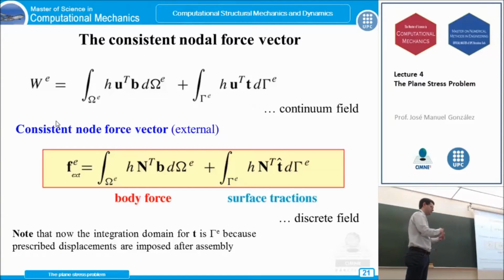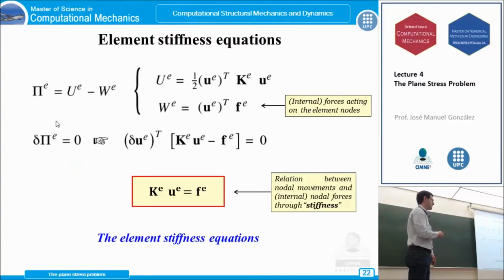Then in the assembly step, these surface tractions will vanish if we are talking about the elements inside the domain, and the prescribed displacement will be applied only after the assembly, only in the displacement boundary condition. So now, finally, we get to the same thing.